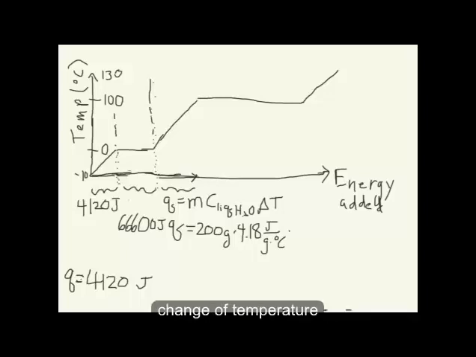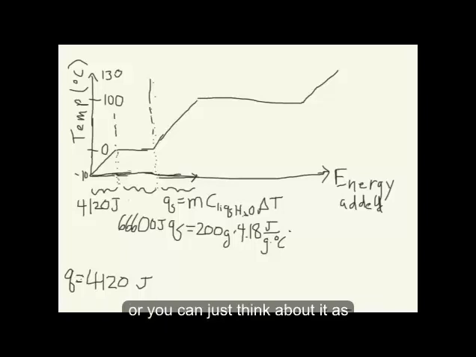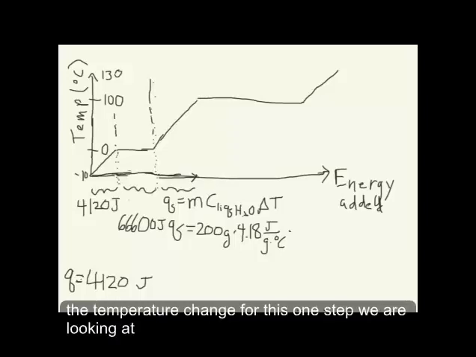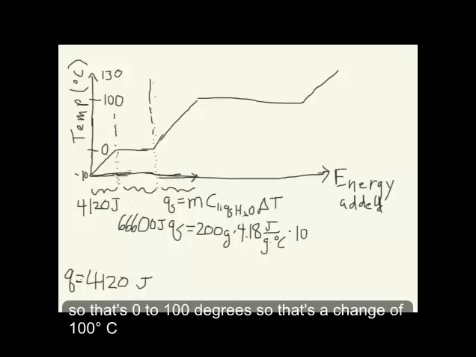And the change of temperature is the final temperature 100 minus 0, or you can just think about it as the temperature change for this one step we're looking at, the step where water is a liquid the entire time. So that's 0 to 100 degrees, so a change of 100 degrees Celsius.